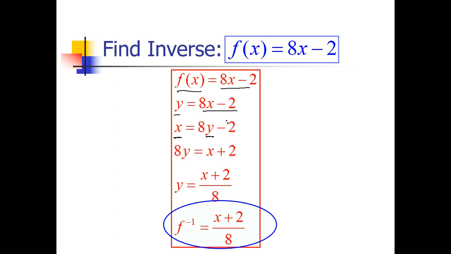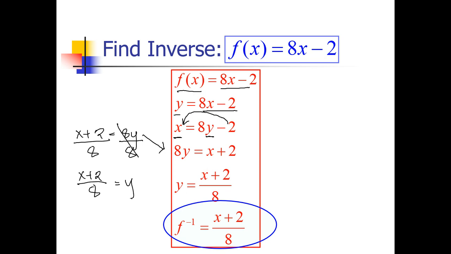Okay, so this negative 2 will be transposed on the other side. Magkakaroon tayo ng x plus 2 is equal to 8y. Okay? Just the same na ginawa natin kanina to remove the coefficient, we will be dividing both sides by 8. So cancel. So x plus 2 over 8 is equal to y.